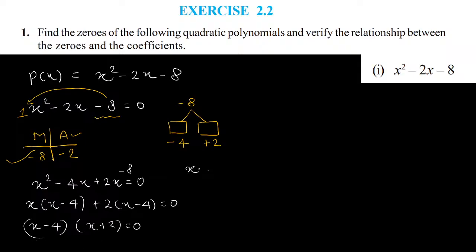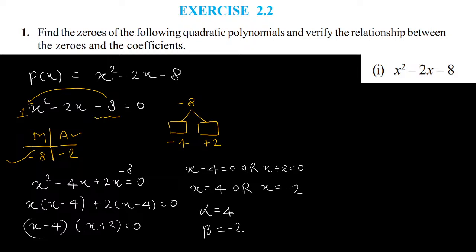From here, x minus 4 is equal to 0 or x plus 2 is equal to 0. So we get x is equal to 4 or x is equal to minus 2. So what are the zeros of this quadratic polynomial? Alpha is equal to 4 and beta is equal to minus 2. So we have got the zeros.